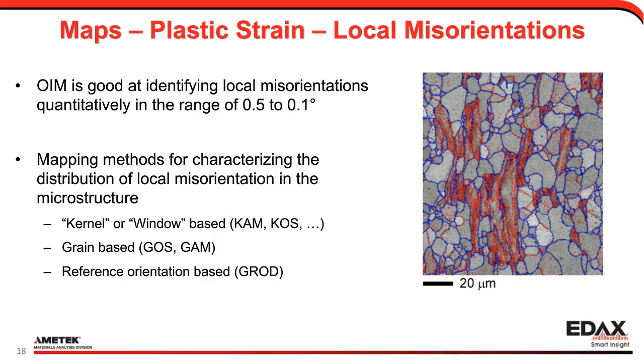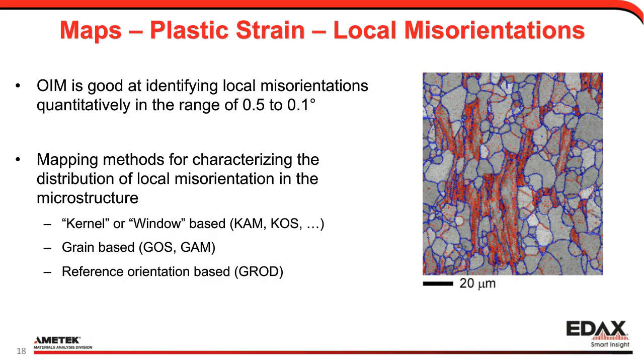We have what we call kernel or window-based techniques, the most popular being KAM, kernel average misorientation, which I'll explain. There are others, and I refer you to the references I gave at the beginning in the outline for more information on some of the alternative approaches.